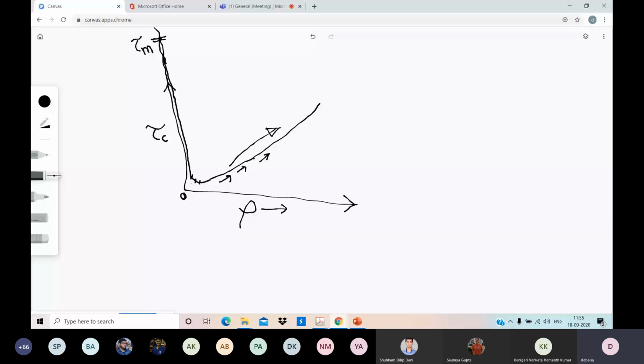If you increase your dislocation density, your requirement of critical resolved shear stress will go up rapidly, proportional to the square root of the dislocation density. It increases in proportion to root rho, or rho to the power half. So dislocation strengthening follows a rho to the power half proportionality. And then there will be strain hardening and other phenomena.